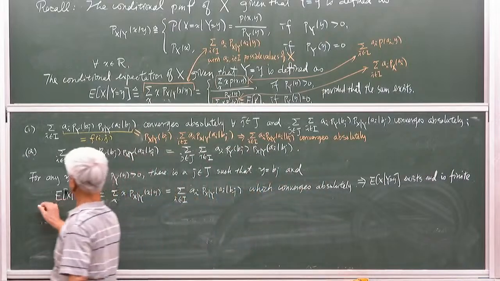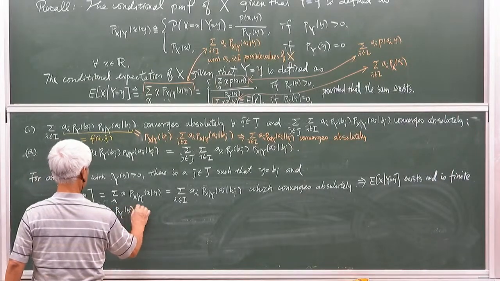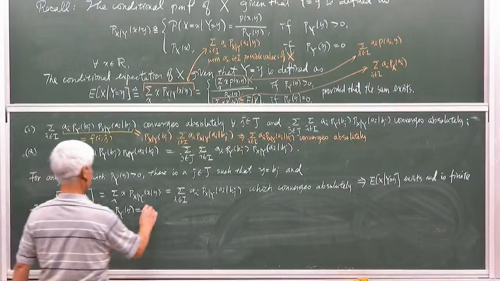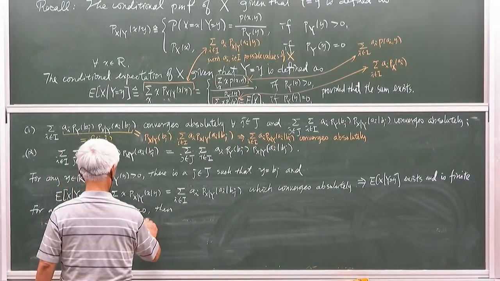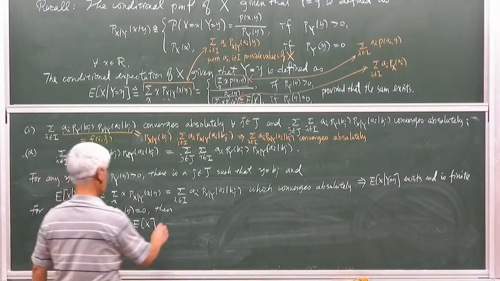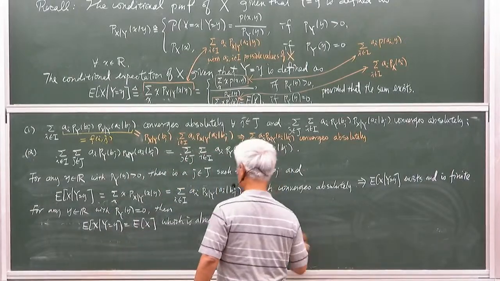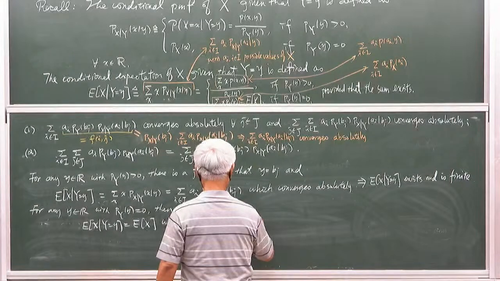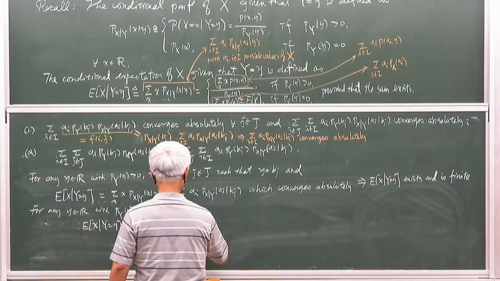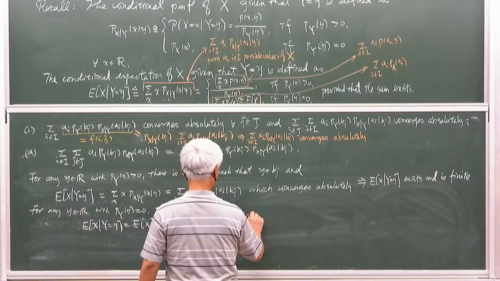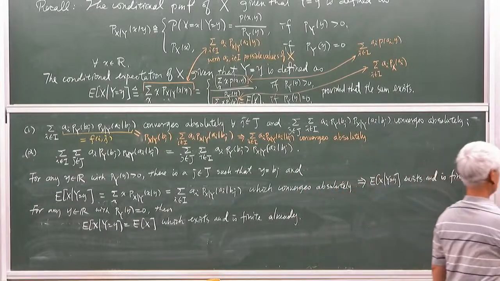All right. And for any y in R with the marginal PMF at little y equal to 0, the conditional expectation equals the unconditional expectation, which exists and is finite already, because by our assumption X has a finite expectation.